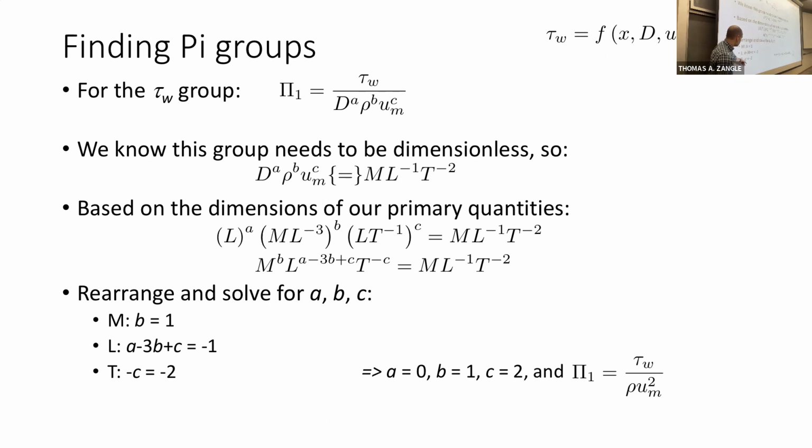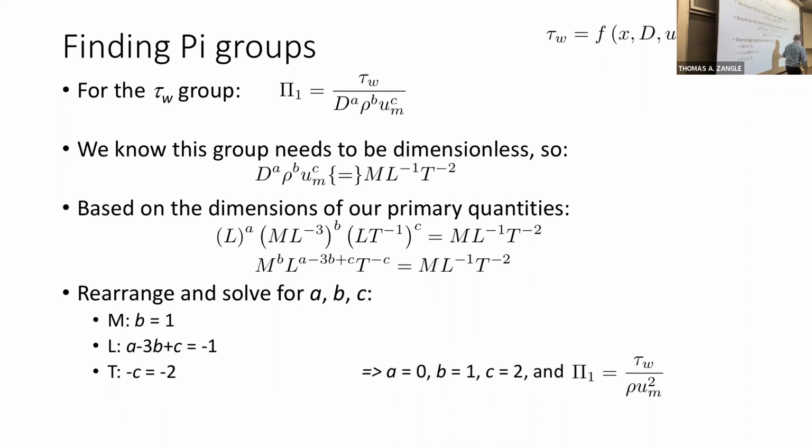And for T, we have minus C is equal to minus 2. Right. So we know C is equal to 2. We know B is equal to 1. We can plug into this expression for L to solve for A. And we'll end up with A is 0, B is 1, C is 2.